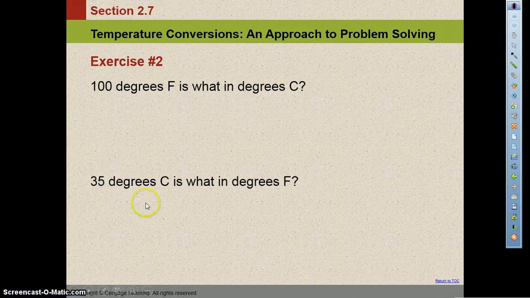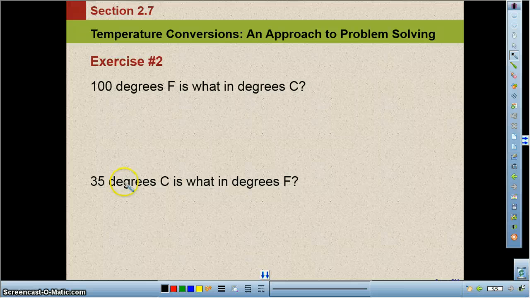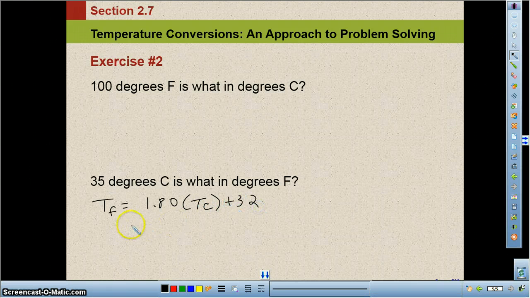Okay. The next exercise is 35 degrees Celsius is what degrees in Fahrenheit? So I'm going to use my Fahrenheit formula, and that is temperature Celsius multiplied by 1.80 and added 32 degrees to it. So it's 1.80 times 35 plus 32.